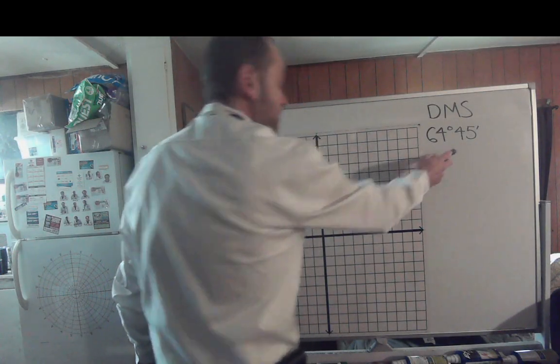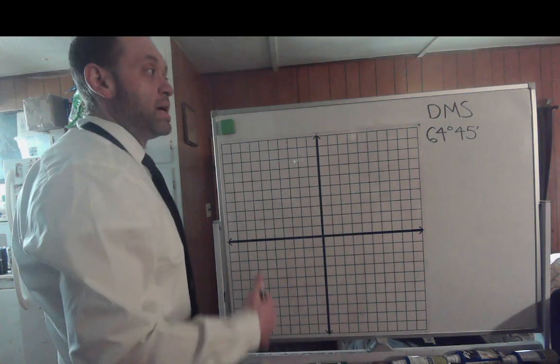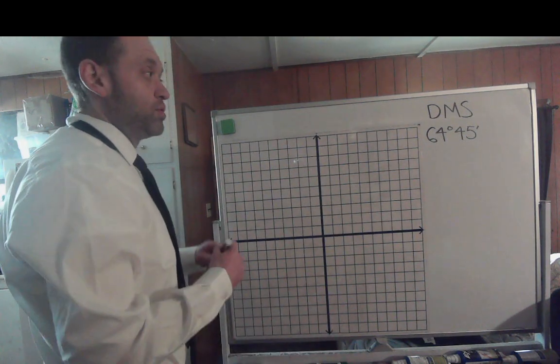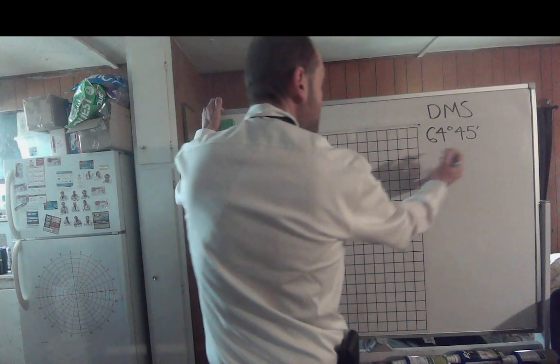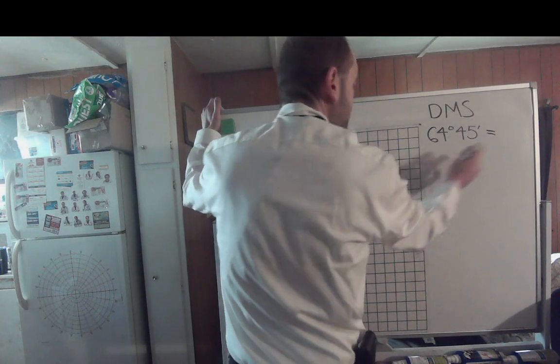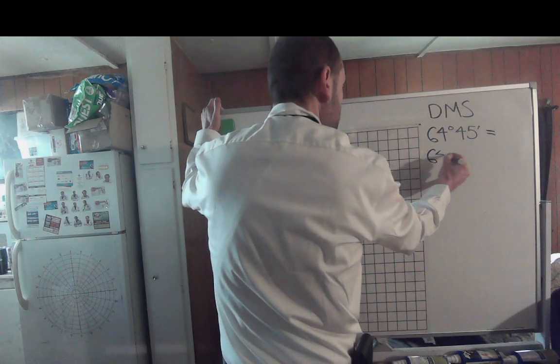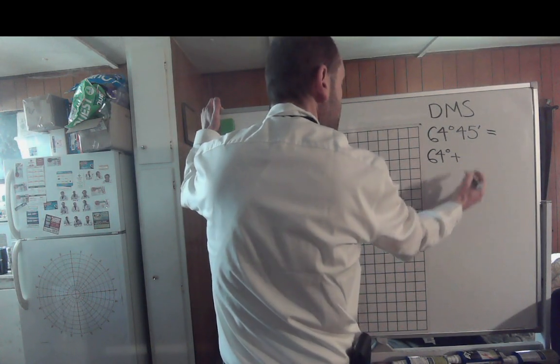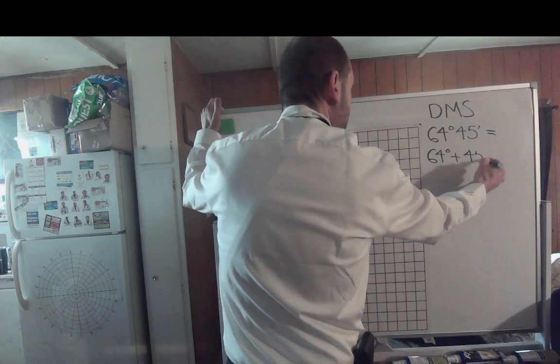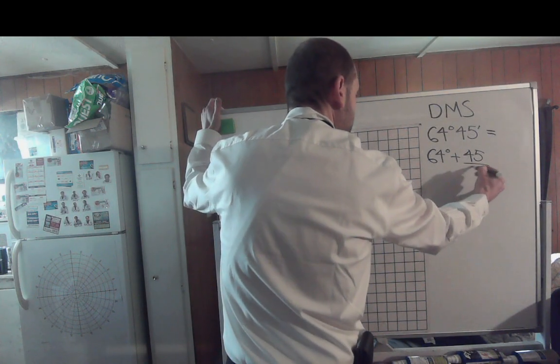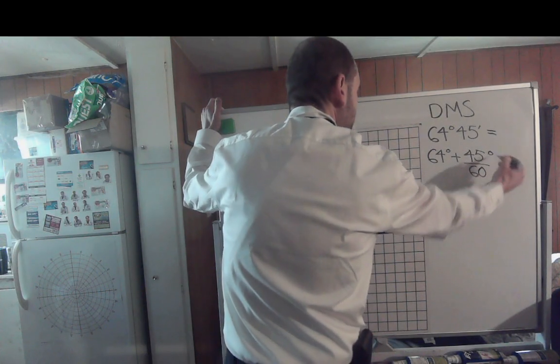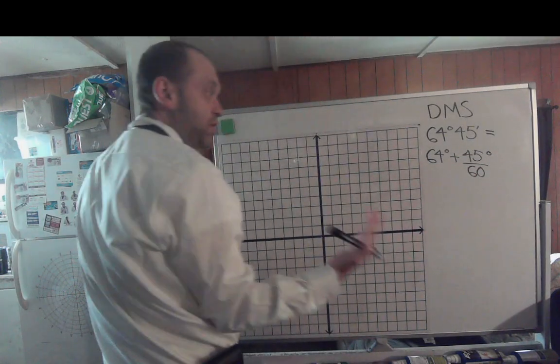So you have this in degrees and minutes notation. We need to convert this into a degree with a decimal. Well, this is going to be the same thing as 64 degrees plus 45 out of 60 degrees. Okay, so that 45 minutes is 45 out of 60 degrees.